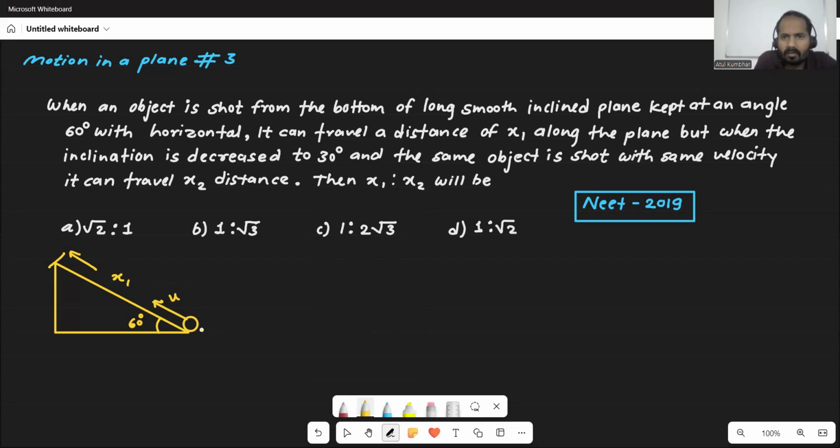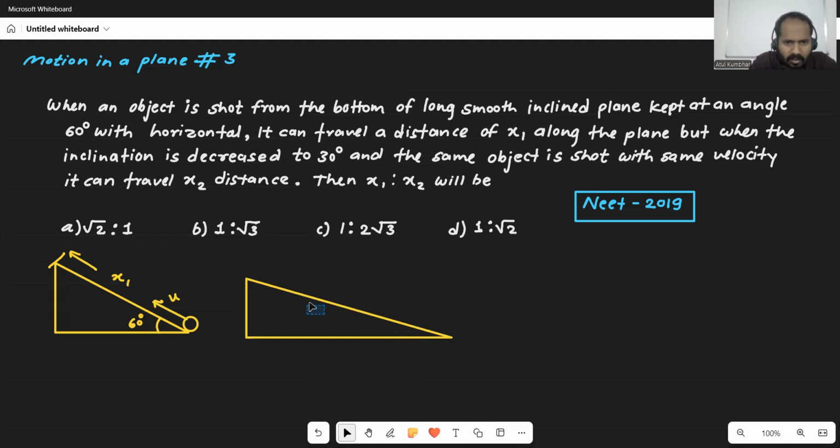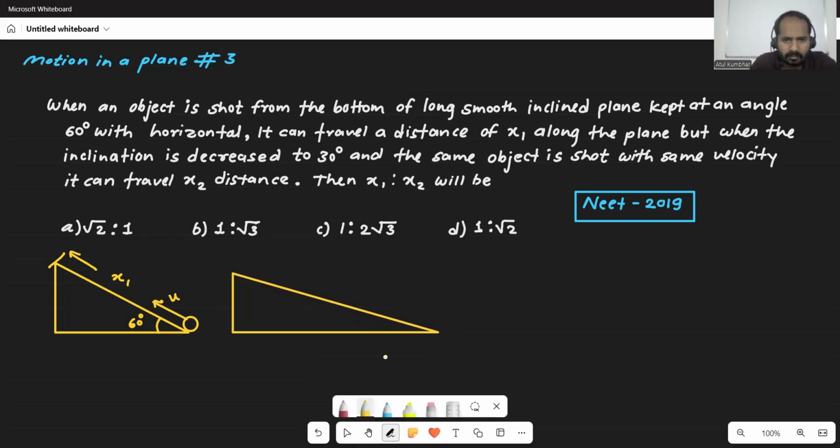Now the plane of inclination is decreased to 30 degree. It will look like this, and the angle is 30 degree here, right?